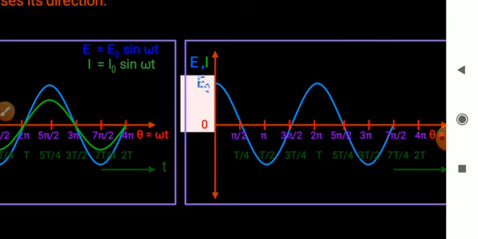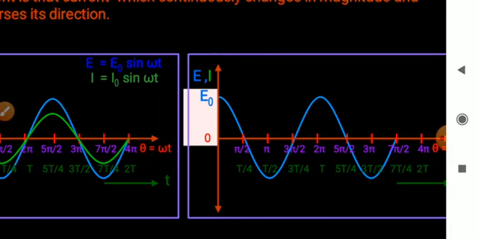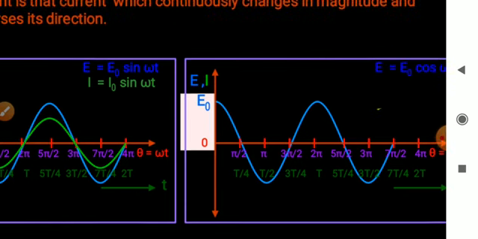In this we see that at 0, E has a maximum value, at pi by 2 E has a minimum value, at 3 pi by 2 its value is maximum in the opposite direction, and at 3 pi by 2 its value is 0, and at 2 pi its value is maximum in the positive direction, at 5 pi by 2 it is 0, and at 3 pi its value is maximum in the negative direction. Okay, and E equals E naught sin omega t.